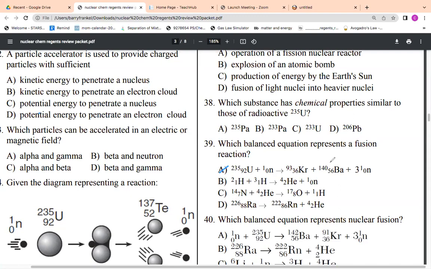This is fission, so not A. In B, I can see that I am taking two light nuclei. And again, typically you are going to see this with hydrogen. So you've got hydrogen 2 and hydrogen 3. And we're combining them to make helium, combining them to make one heavier element. So this is the one that we want to go with.